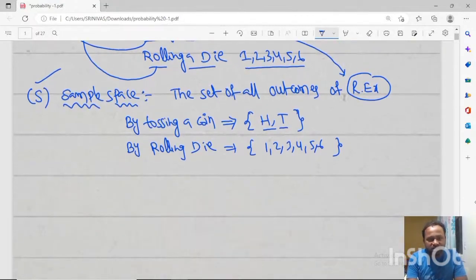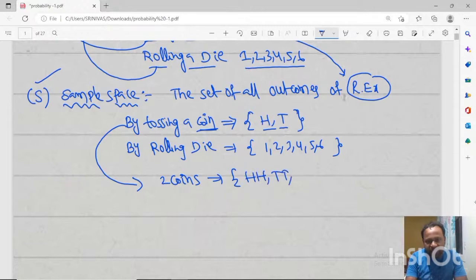If we toss two coins, what do we get? Head head, tail tail, head tail, tail head. So these are all outcomes of the sample space.